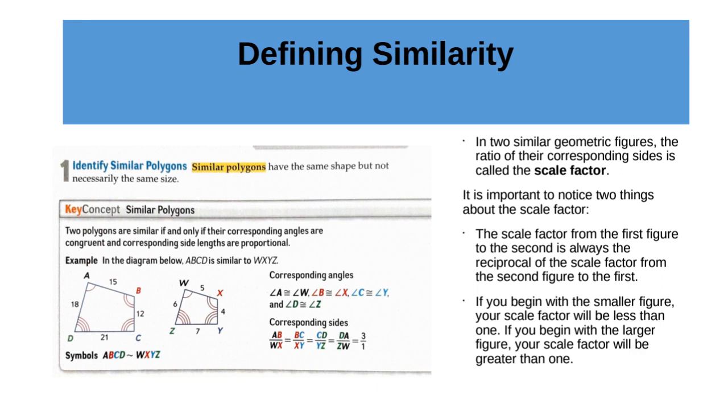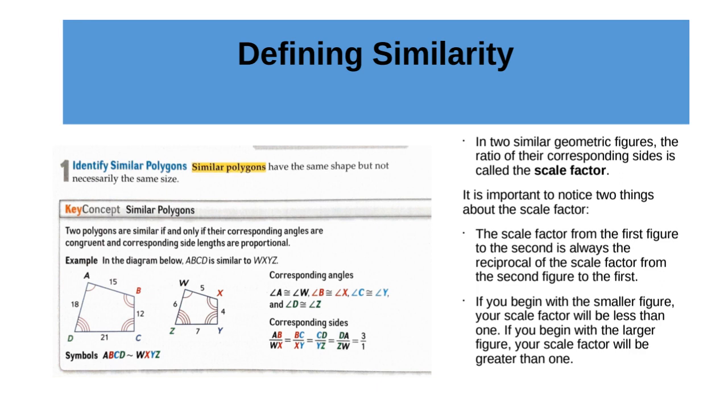Here we have an example of two similar polygons, ABCD and WXYZ. So we can see that angle A is congruent to angle W, angle B is congruent to angle X, angle C is congruent to angle Y, and angle D is congruent to angle Z.